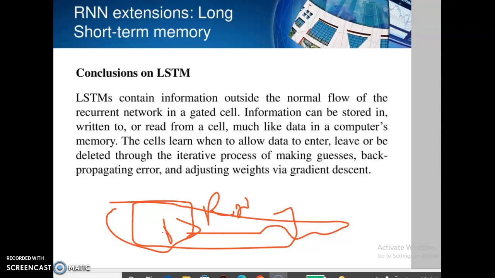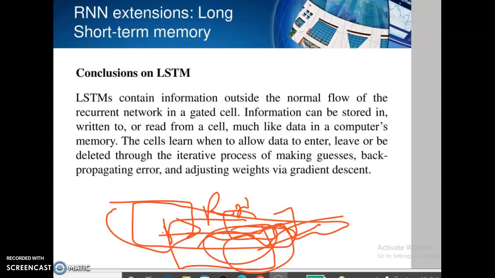Information can be stored, written to, or read from a cell, much like data in a computer memory. The cells learn when to allow data to enter or leave through an iterative process of making guesses, backpropagating error, and adjusting weights via gradient descent.